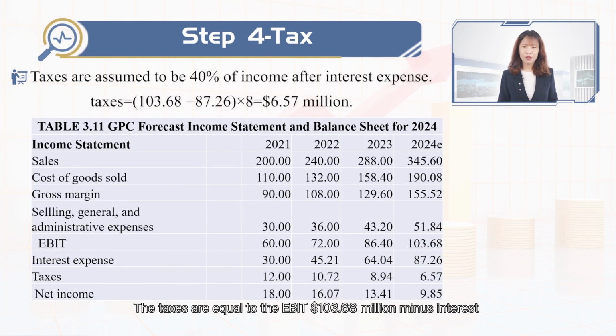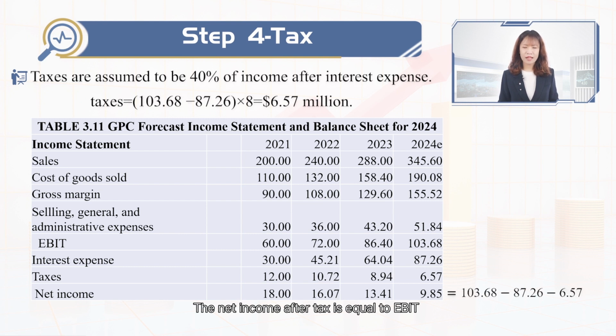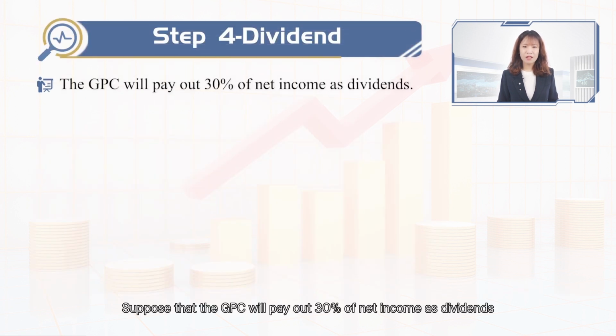The taxes are equal to the EBIT $103.68 million minus interest expense $87.26 million. Altogether, multiply the tax rate 40%, which is $6.57 million. The net income after tax is equal to EBIT minus interest expense minus taxes and is $9.85 million. Suppose that the GPC will pay out 30% of net income as dividends.